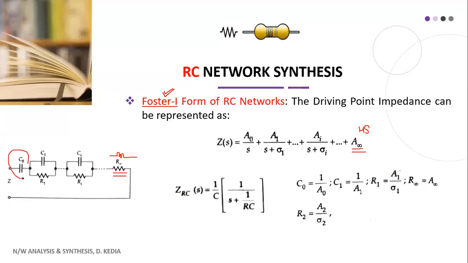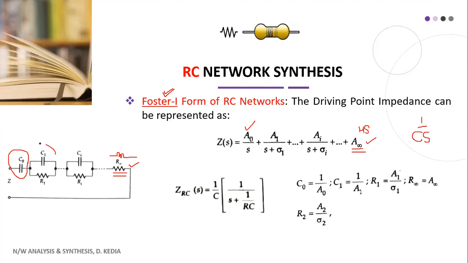This is a capacitor. The impedance function for the capacitor is 1 by CS. So this part of your driving point impedance is representing this series capacitor. This R infinity is represented by A infinity as series resistance.